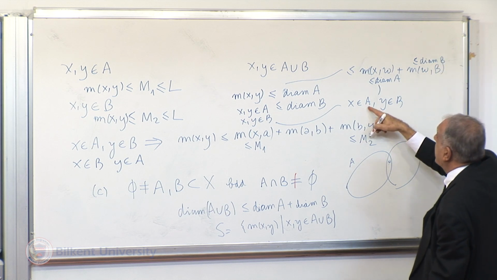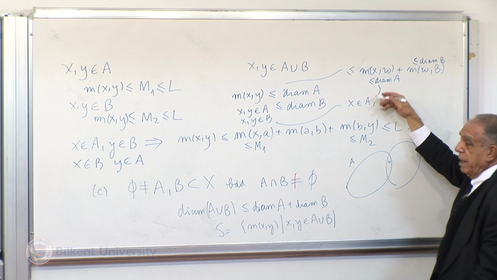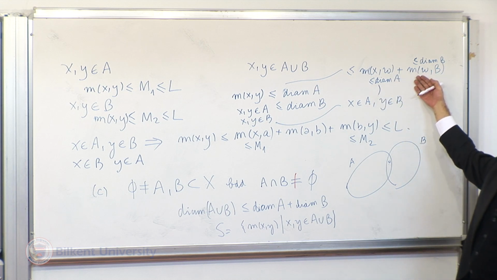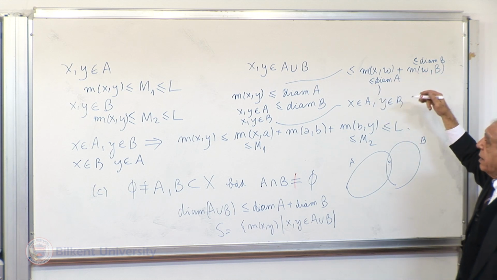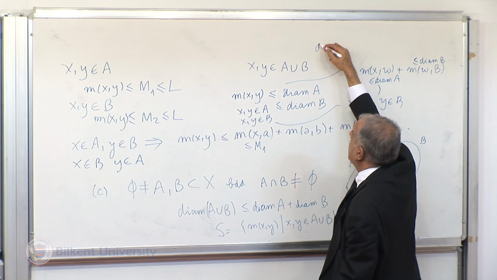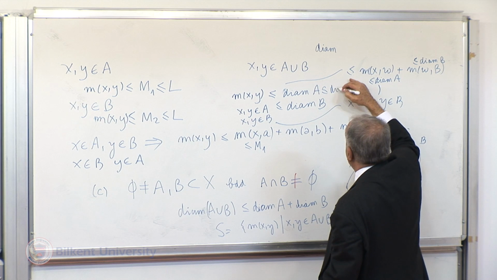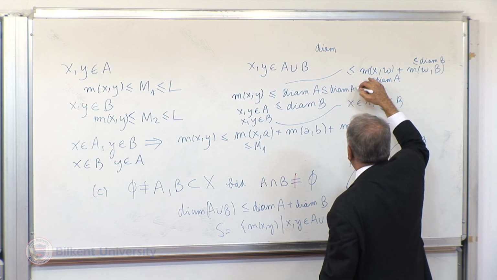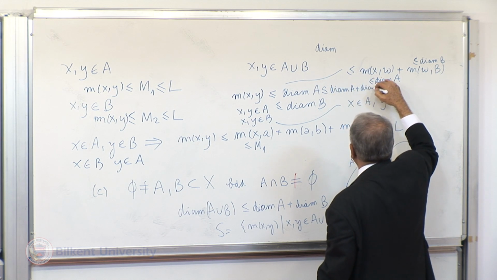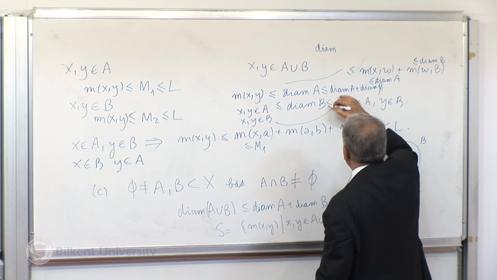Well, if x is in B and y is in A, then this follows similarly. Thus, in all cases, this is less than or equal to diameter A plus diameter B, and likewise in here.